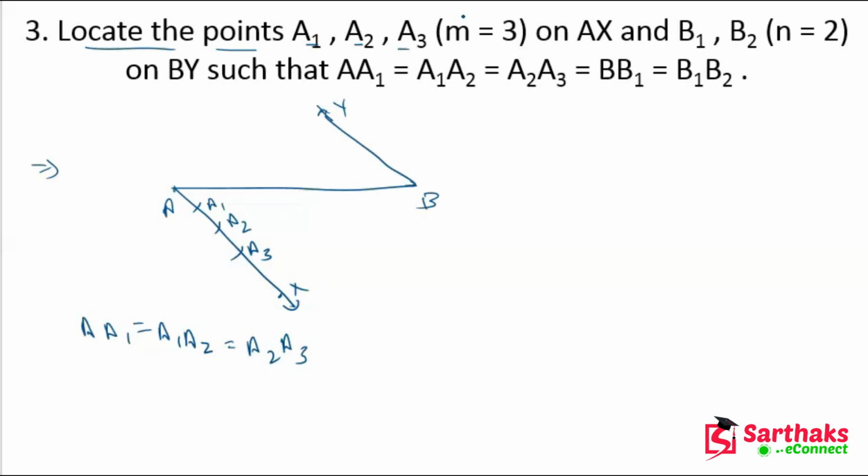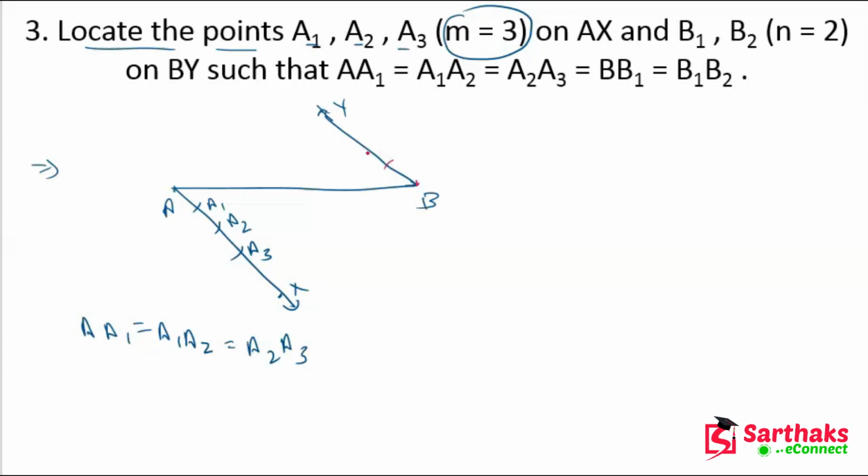Now why 3 cuts? Because m is equal to 3, so we cut 3 times. Similarly from this point B we have to cut with the same radius. Here also we have to cut B1 and B2.